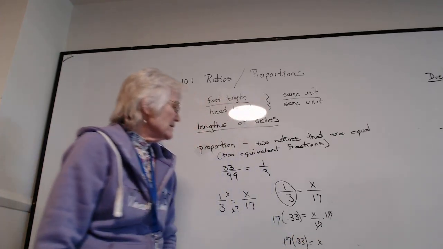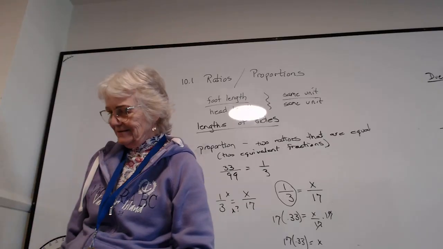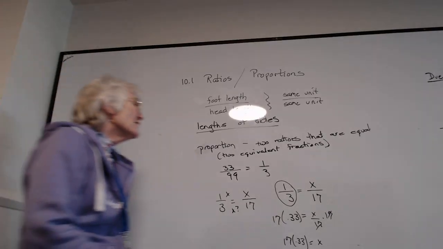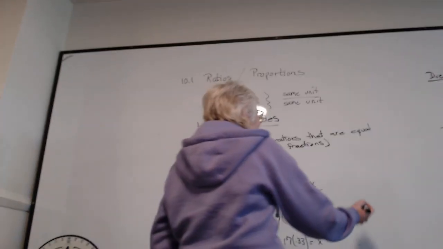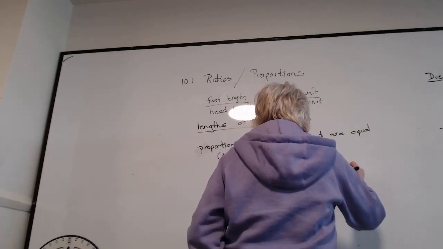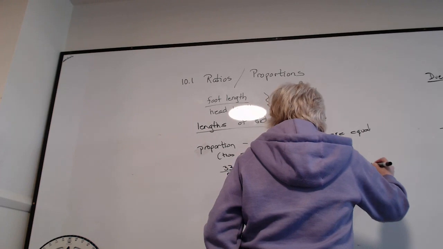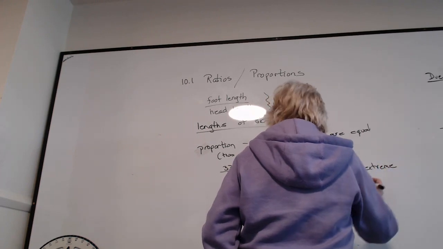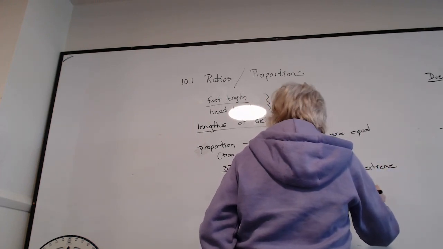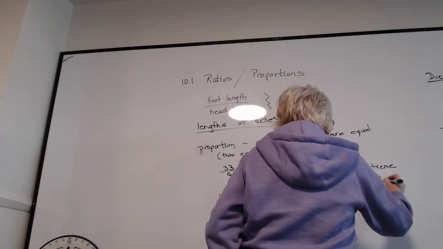Okay. Same idea. The last way is called the means extreme. I don't really care if you know that, but I call it cross multiplication.